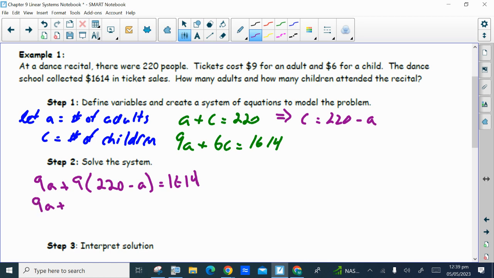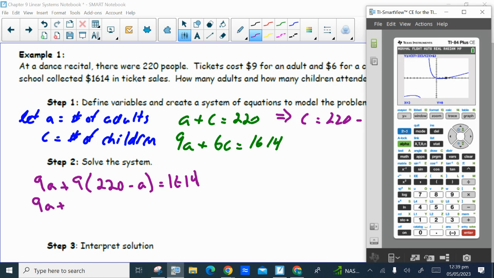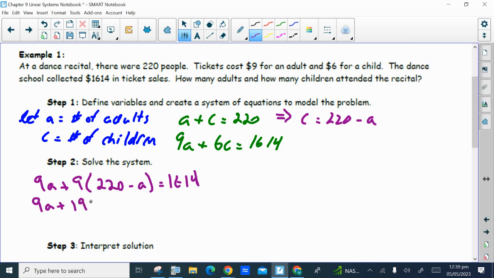We would first multiply out the brackets. So 9 times 220 is 1,980. Oh, you are right, I'm sorry, thank you.